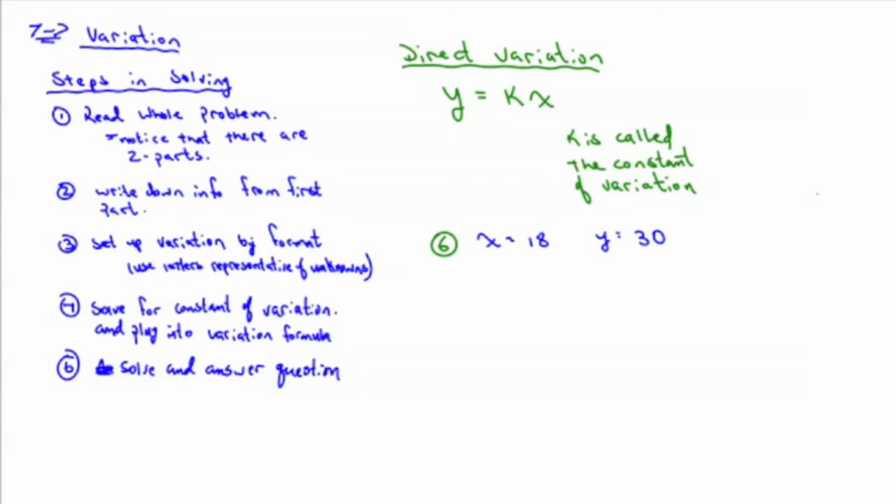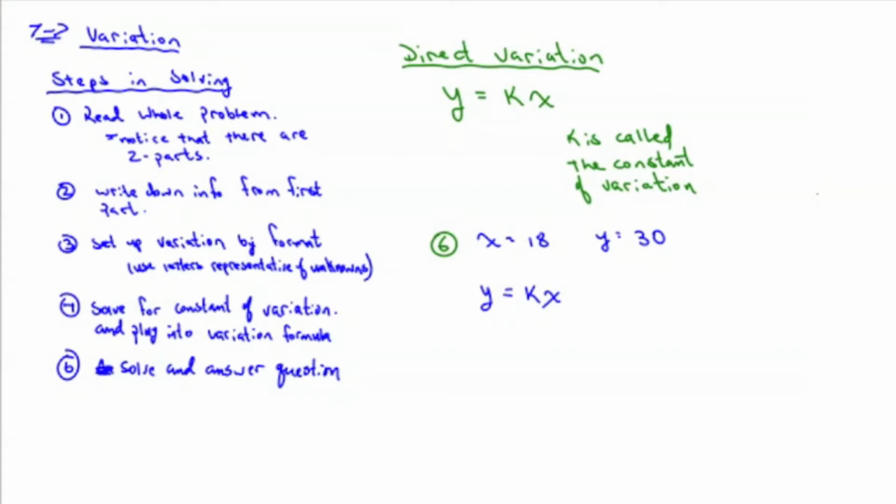Next, set up the variation by format. Well, this is saying that y varies directly as x. So the format is going to be literally y equals kx. So underneath this, we're going to write y equals kx. Now, when we plug in x and y in this case, what's the only letter left over?